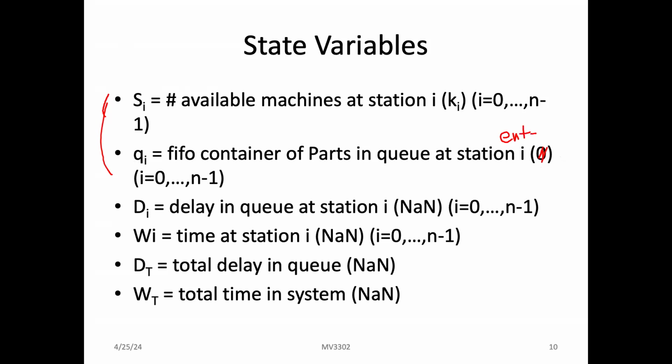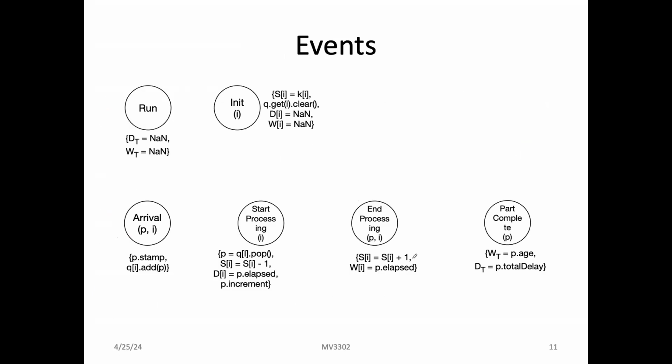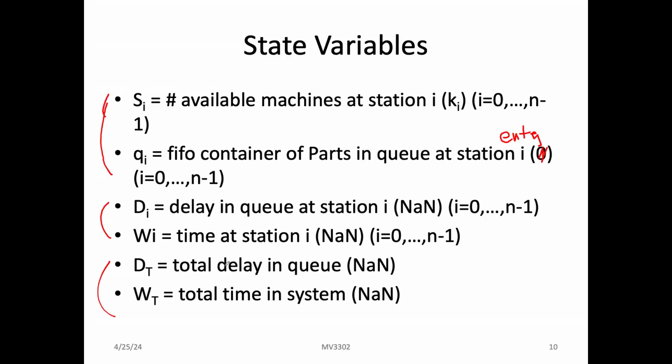Each one should be empty. Then we wanted the delay in the queue and the time at the station for each one. We've done that previously in the entity server, so we're just going to do it at each station in an array-like thing. And then two scalar variables: the total delay in the queue, which is one that we wanted, and the total time in the system.